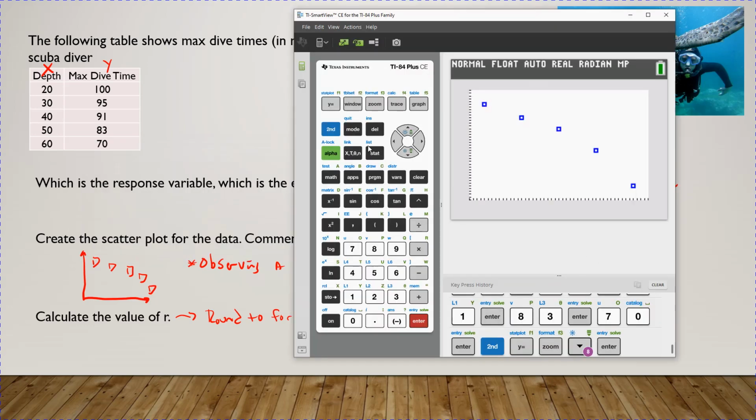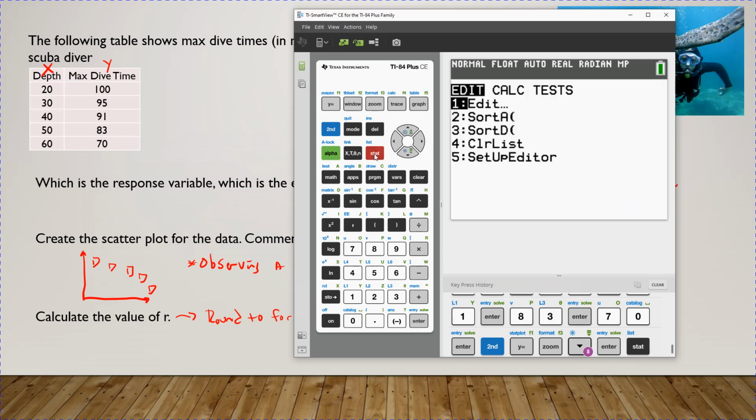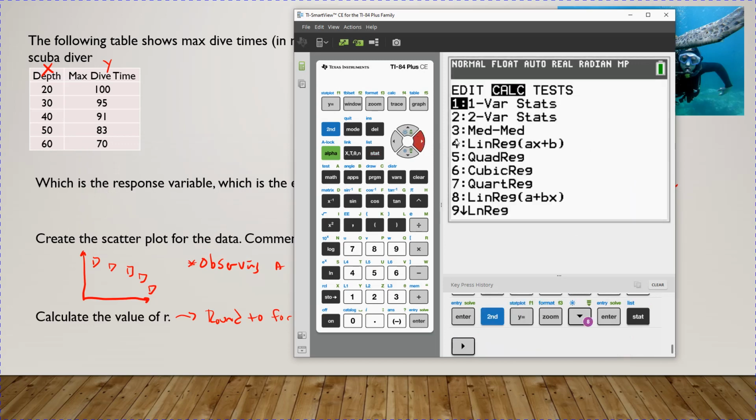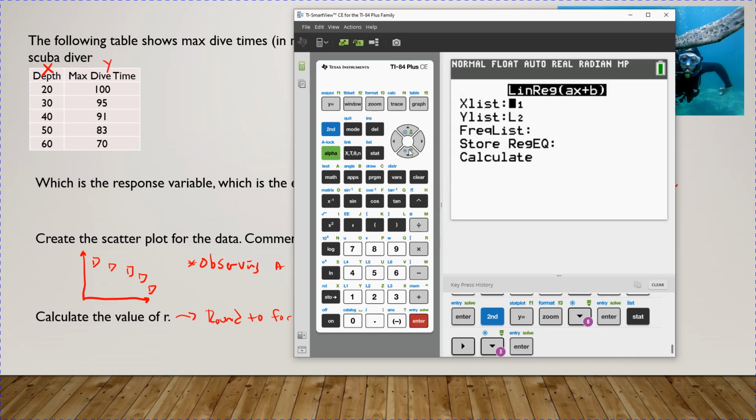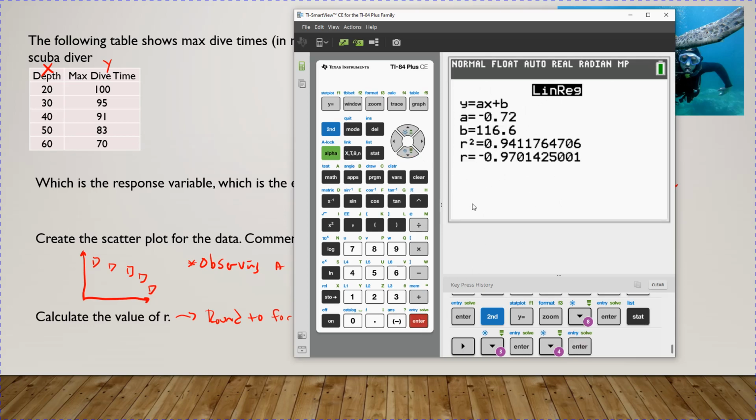So to do this, press the STAT button, scroll over to CALC, and you want option number 4. It's always LinReg(ax+b). So we go to calculate, and boom, you got it right here.